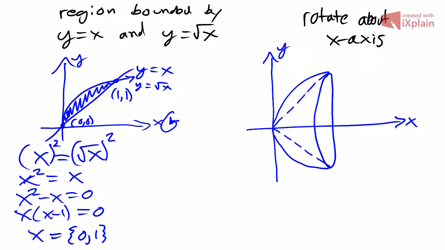And now when we take a vertical slice, it's going to look like a washer. And there we go. So our vertical slices look like washers. All right, now we can't use the same formula because we now have washers instead of discs.